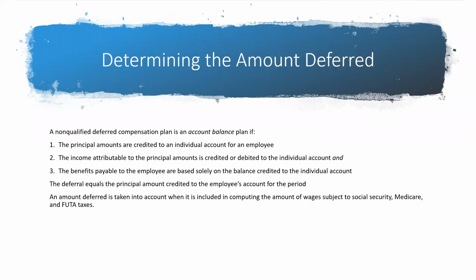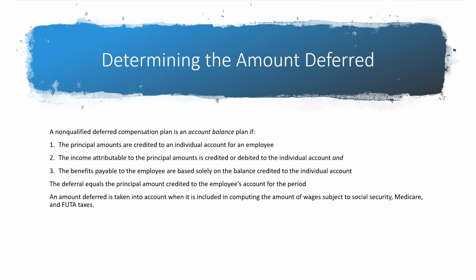When you're determining the amount deferred, it must be the amount taken into account as wages for that period under the special timing rule. The manner in which the amount deferred for a period is determined totally depends on whether the non-qualified plan is an account balance plan or a non-account balance plan.